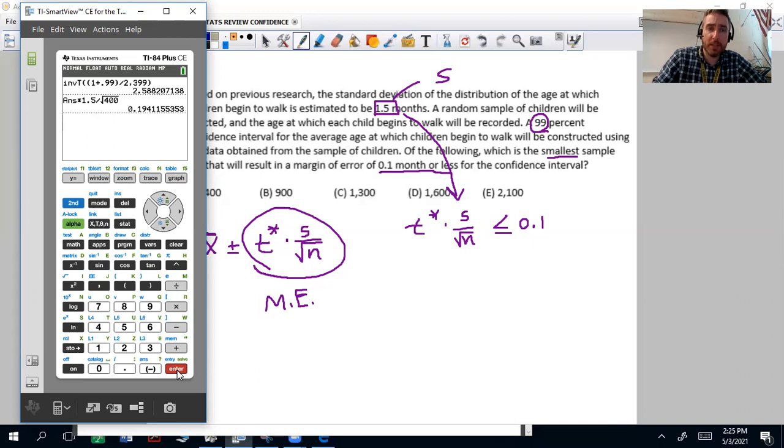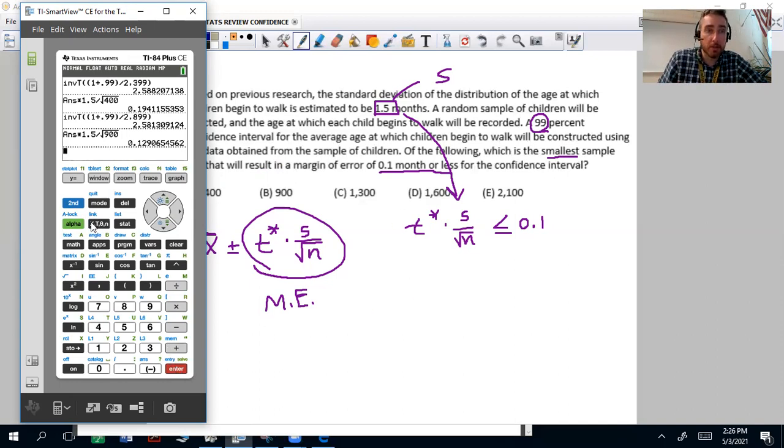So we could go through that process again and keep going up in numbers. I'm going to go to inverse t one more time. I'm going to change the degree of freedom to 899. Then I'm going to take that and multiply by 1.5 divided by the square root of 900. Okay, much closer, 12.9%, but it's still too much.